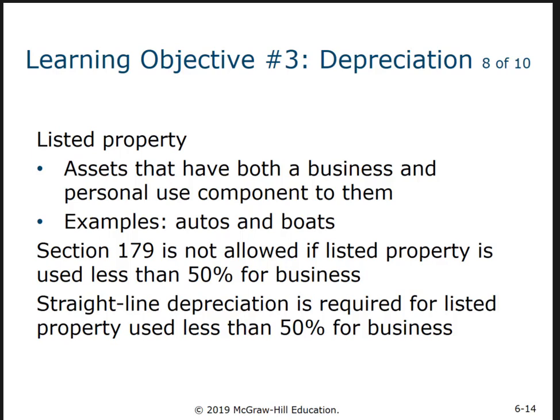So nobody's worried about using a backhoe for personal use. So that's not a listed property, at least not on a regular basis. But autos and boats, there's a chance to do that. They used to have cell phones on this list, and that came off. Thank heavens. There's not really a good way to separate business and personal use on that.